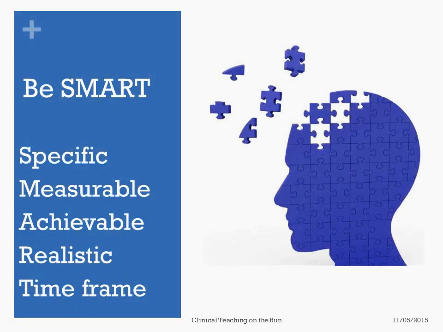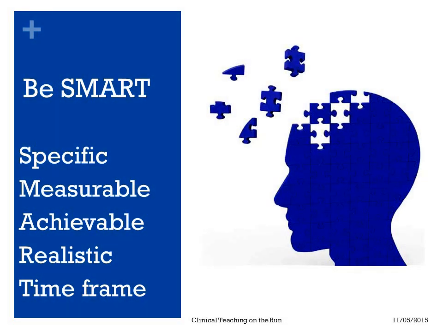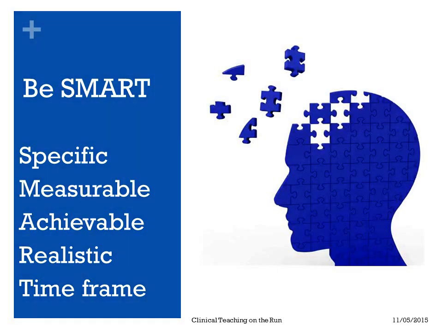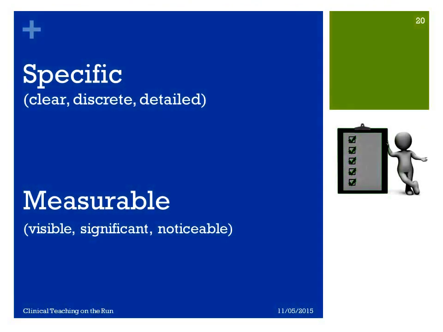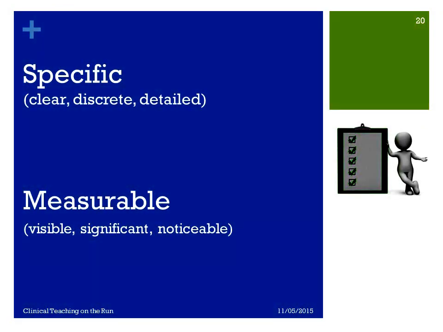Thus, your plan should include SMART goals. We discussed how important it is to be specific about the information you provide about how to improve their performance. You should also be able to measure this improvement, how well you and the learner know that they are progressing.